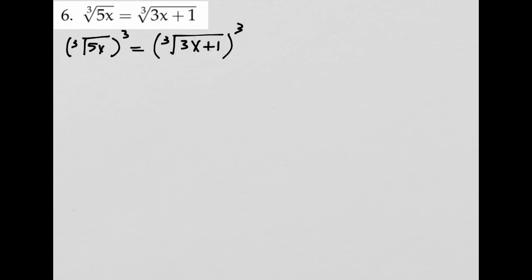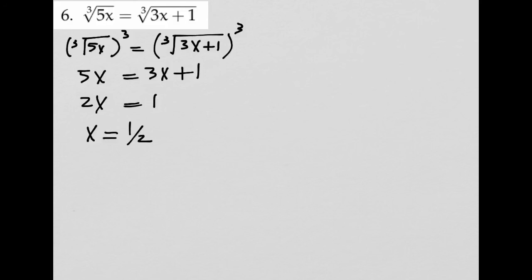So we start by writing cube root of 5x cubed equals cube root of 3x plus 1 cubed. This gives 5x equals 3x plus 1, 2x equals 1, so x is 1/2. That's the solution of the cubed equation.